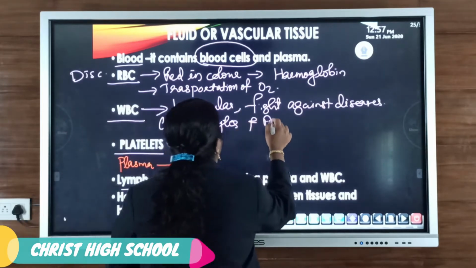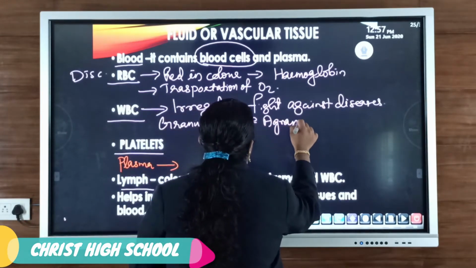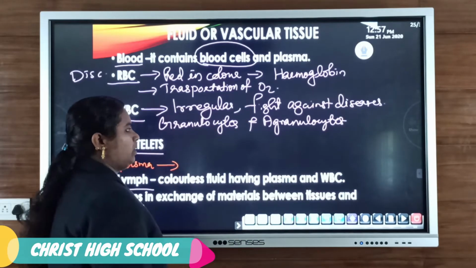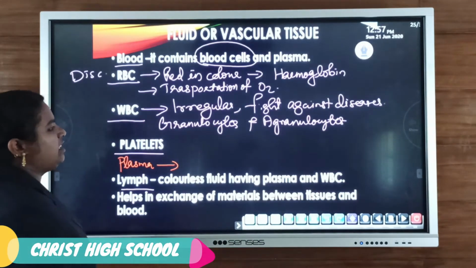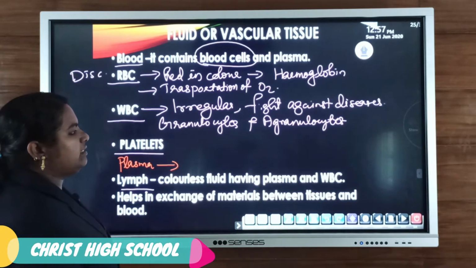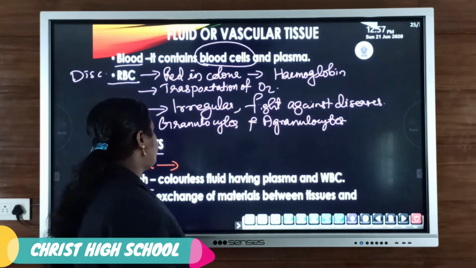There are different types of WBC: granulocytes and agranulocytes. Granulocytes means small granules are present in them. Agranulocytes means granules are absent.